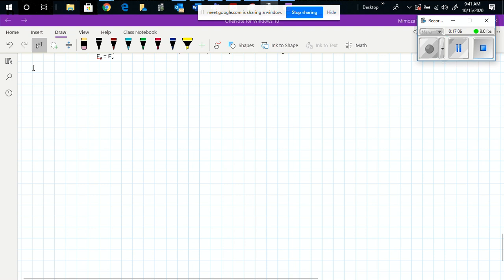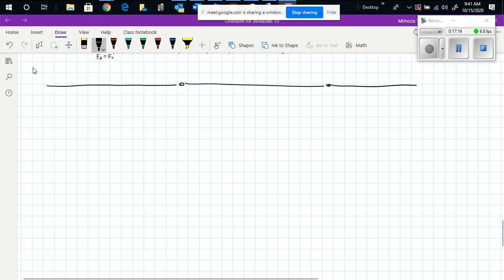Now, since we are dealing, again, with a very unique uniform circular motion, the magnitude of the velocity will be the change of distance over the time that this change is happening.